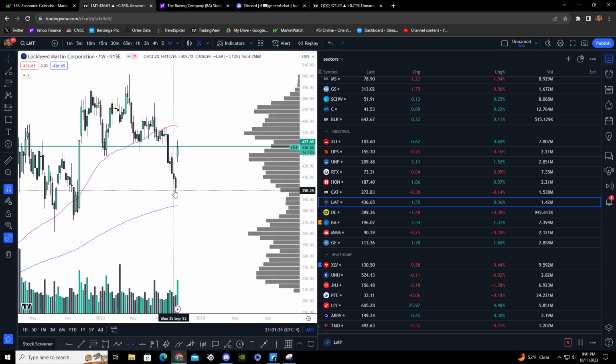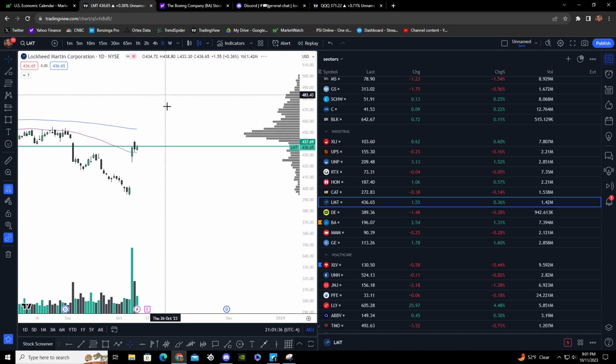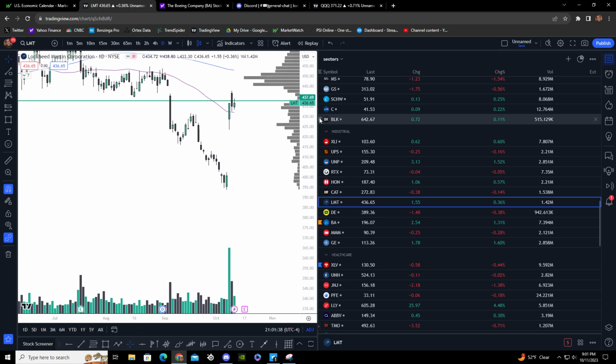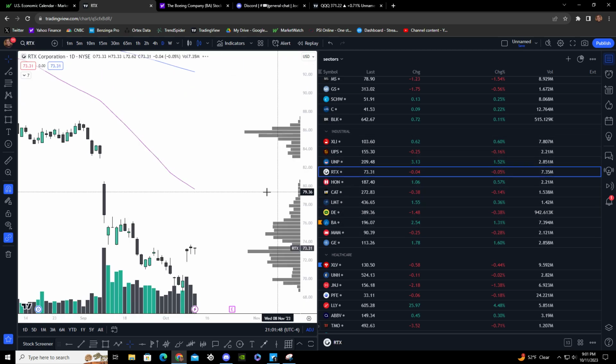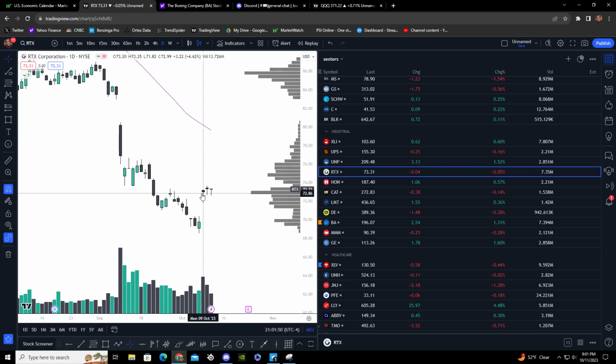This is a war theme with Israel versus Palestinians. Huge gap up, 8.9% green day. We also had another one, RTX. I think they make bombs or military equipment. They were up 4.6%. That's big moves for stocks in this sector.